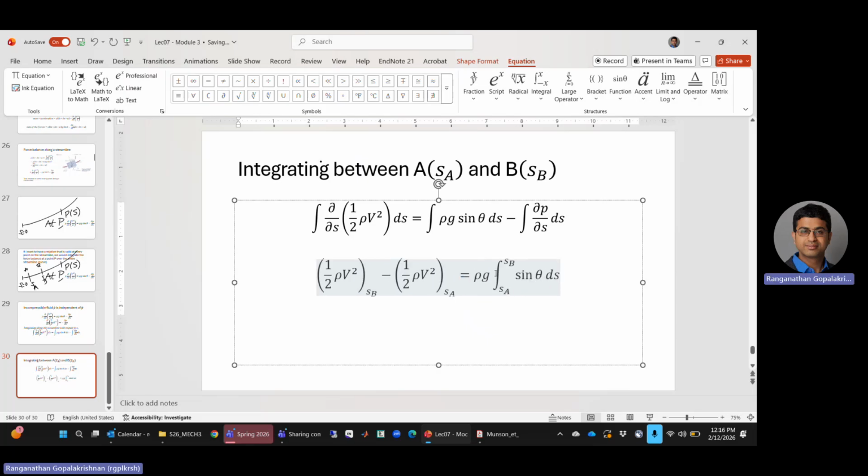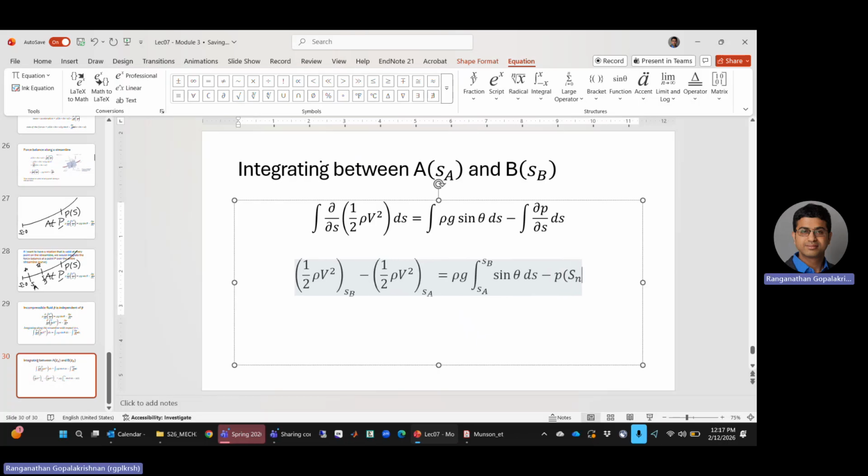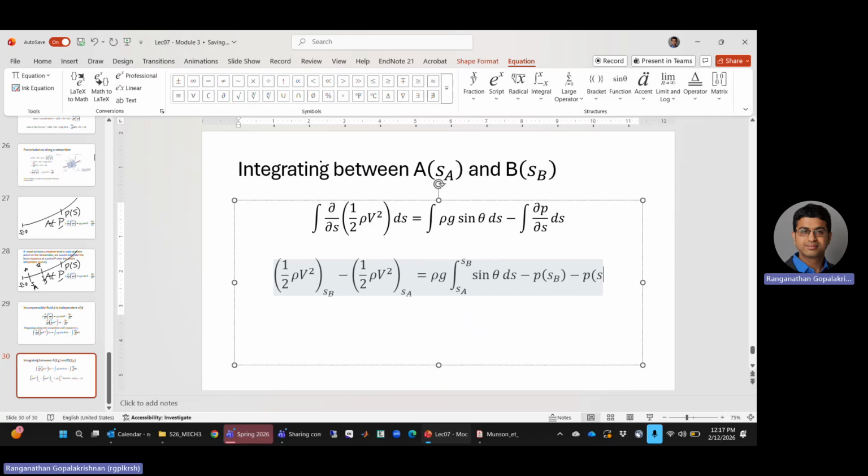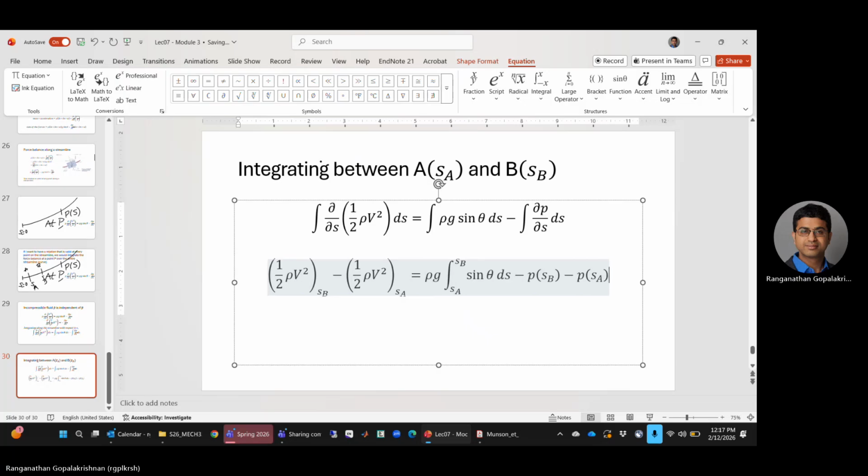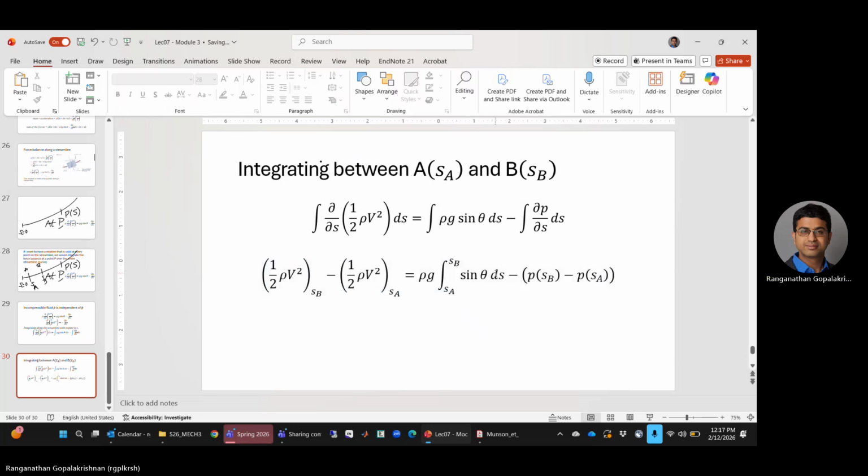Okay, and what will be the last term? That will be the pressure at SB minus the pressure at SA. I have to put this entire thing in parenthesis so that the sign is preserved. What have we done?